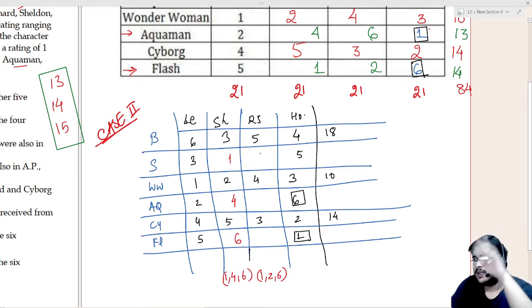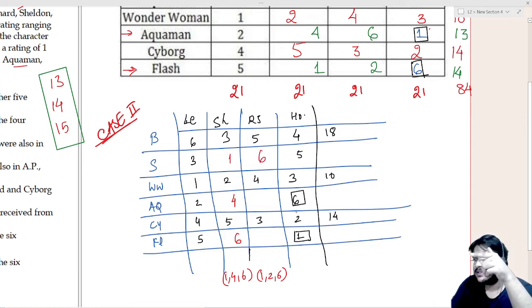What about this place for Superman by Raj? It cannot be anything other than 6, because I have to put 2 somewhere, and 1 and 6 both are cancelled in the last box, so I have to fill in a 6 over there.